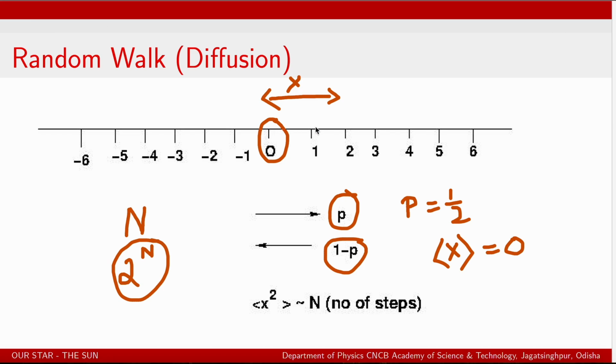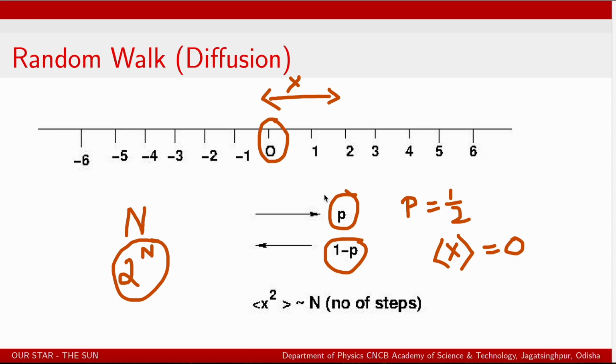Either it goes to the right or it goes to the left, and as the number of steps increases, it moves further and further away from 0. And how it goes away is defined by this expression. It goes as n.